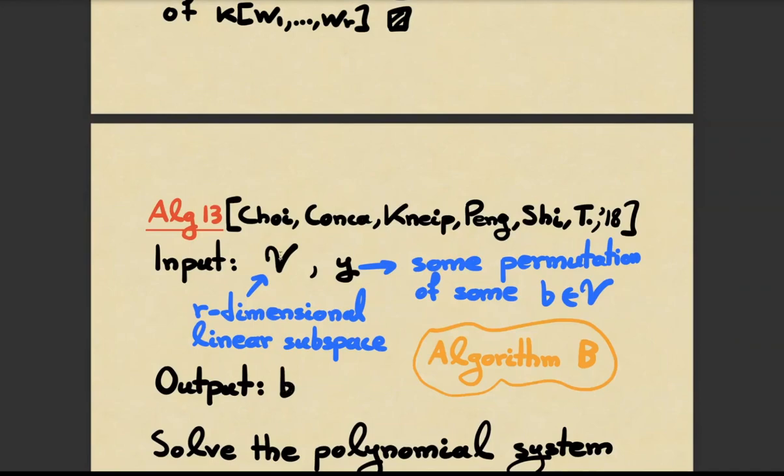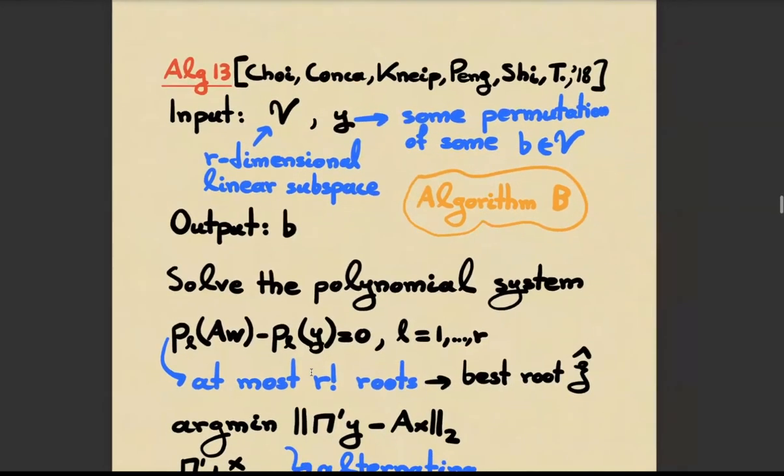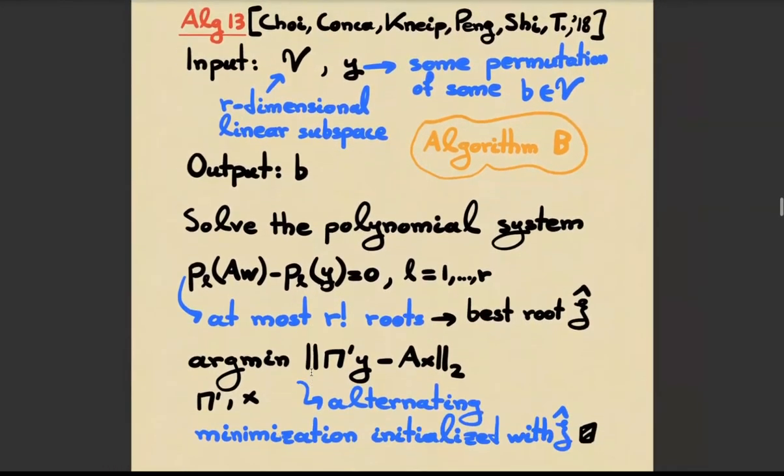I take the linear subspace V, I take a permuted version of some vector that I don't know in V, and the algorithm gives us back the vector b. The algorithm proceeds as follows. It solves this polynomial system of r equations in r unknowns. The polynomials have degree 1, 2, 3 up to r.